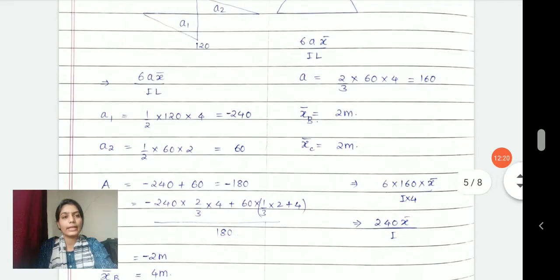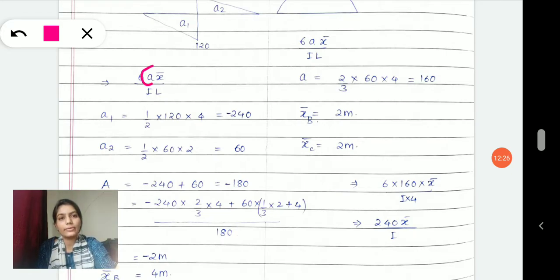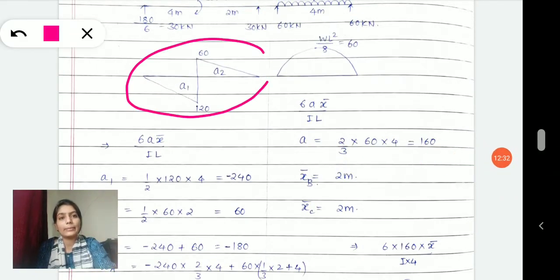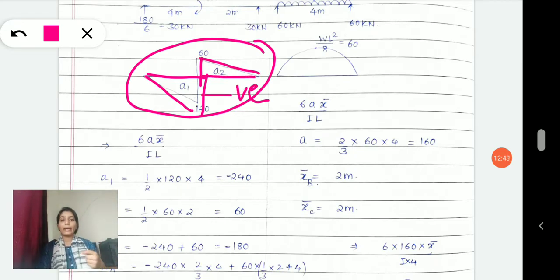Now next, calculation of the ratio 6AX divided by IL. Here A stands for the area of the whole bending moment diagram. How will I calculate it? Area of the lower bending moment diagram plus area of the upper. But the lower bending moment diagram is of negative magnitude, whatever magnitude it comes with, the sign is negative.